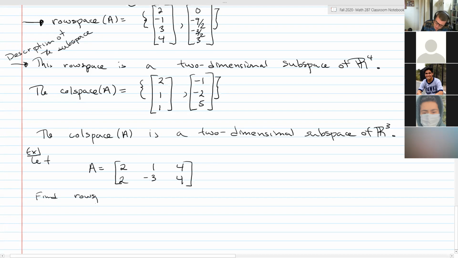Find the row space of A and the column space of A. Give a geometric description of both.